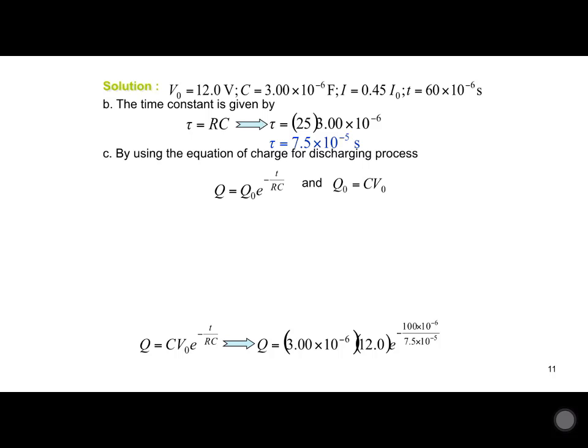When we substitute in t as 0, we are left with Q equals Q naught, because exponential of 0 is equal to 1. Q naught is equal to CV naught, so we can find Q by substituting the value of C, the capacitance, and V naught, which is 12 volts.